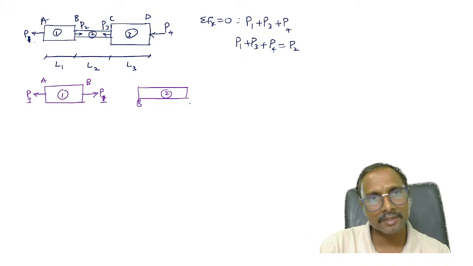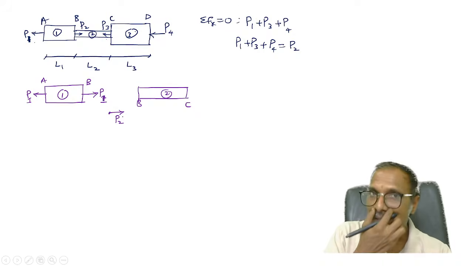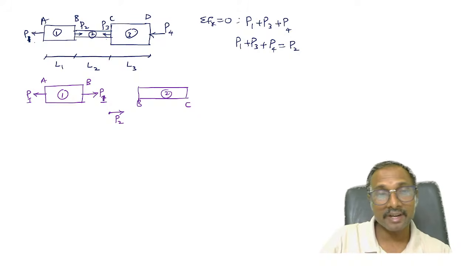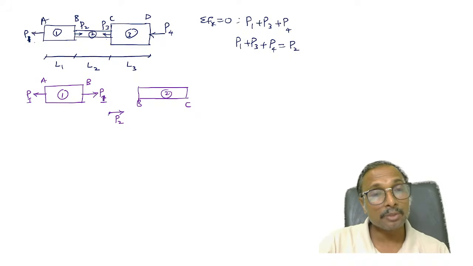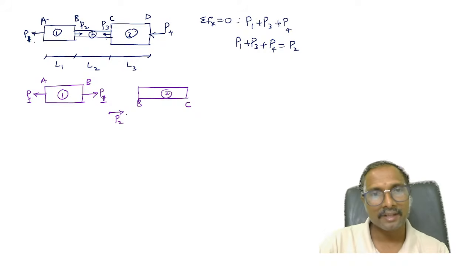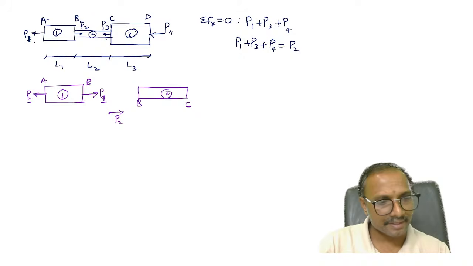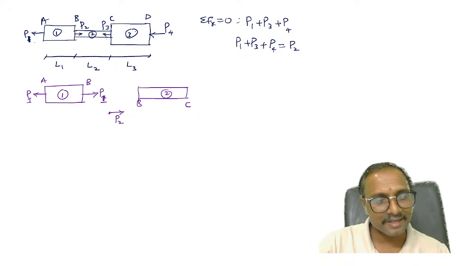This is your B, this is your C. Now at B, what is the net force we are having? The net force at B is P2, right? P2 is on the right side. And here, what do we have? P2 should be on the right side, but what is here? Right side P1 is there. So since P2 should be on the right side, let us put the net force on the right side, that P2.